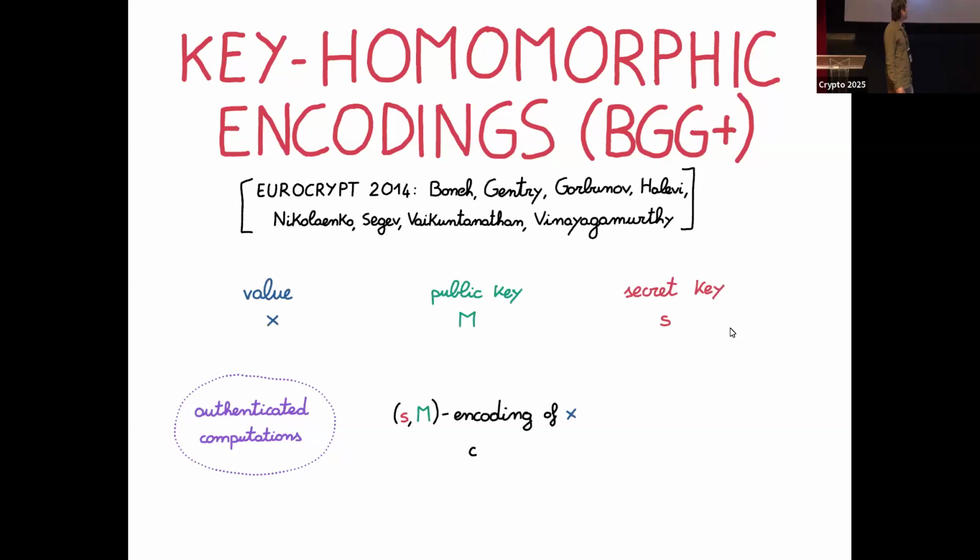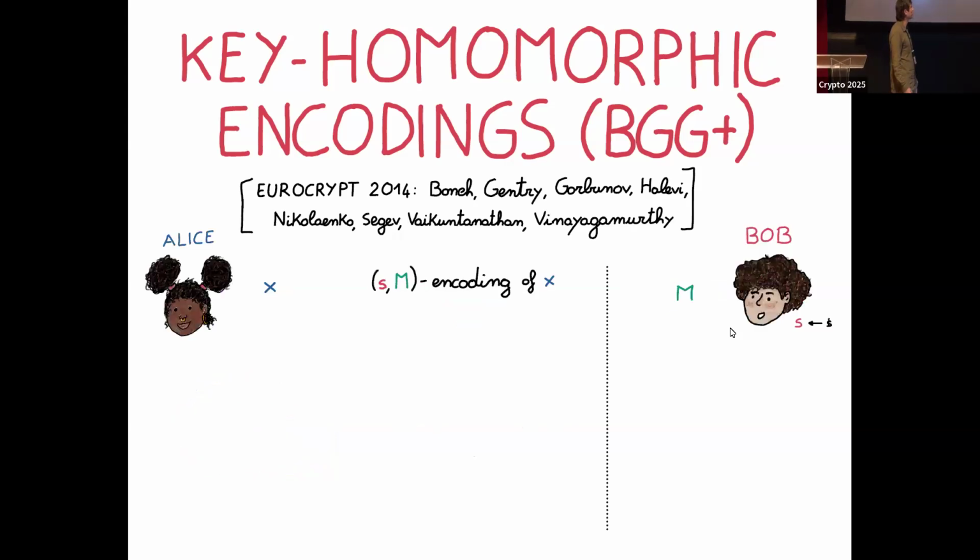So formally, an encoding of some value x is some authentication string C that is generated under a pair (S, M), where S is a secret key, so something that remains private, whereas M is a public key, something known to everybody. The encodings of Boneh et al. have very nice homomorphic properties that are illustrated in the following example.